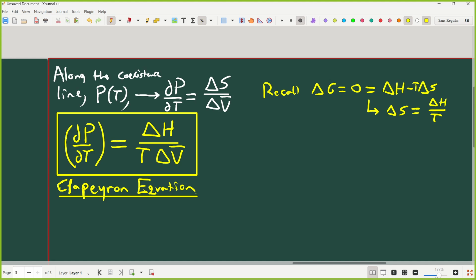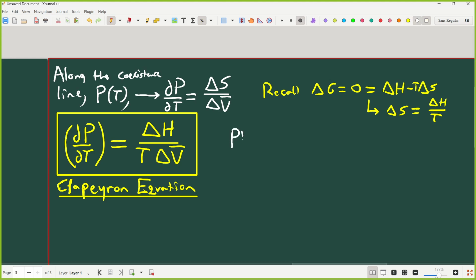Let's look through our different phase transitions and think about what the slope of the coexistence line looks like at that point. So we'll make a little table here.